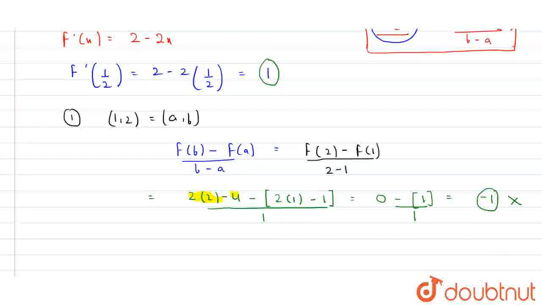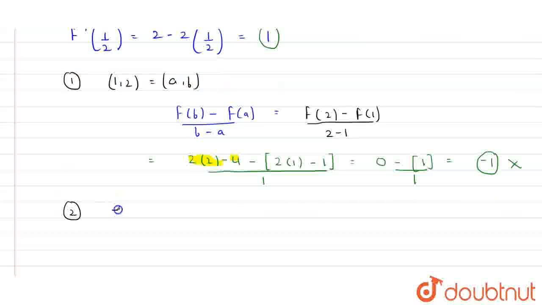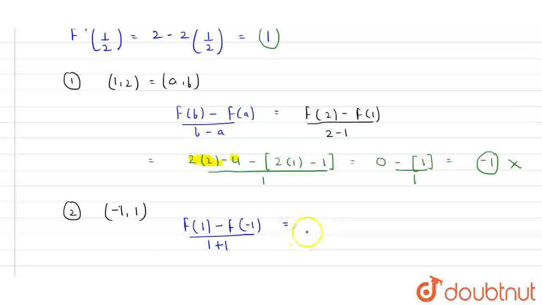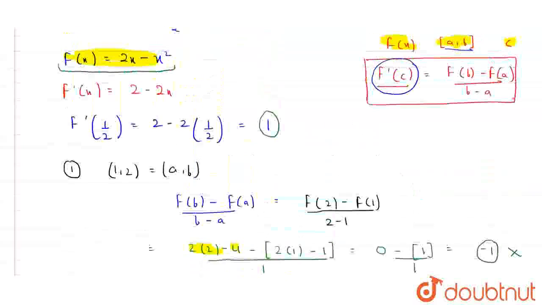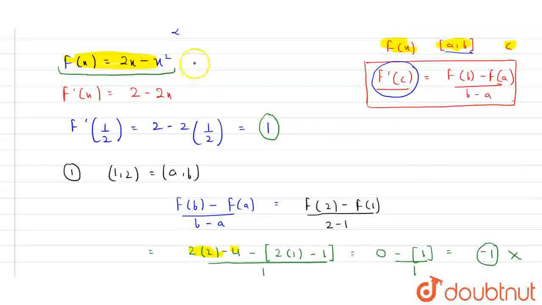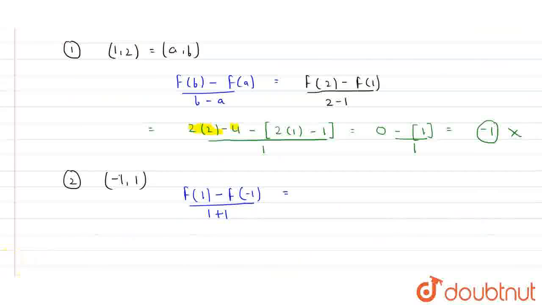Now check for option 2. My option 2 is minus 1 comma 1. So f of b will be f of 1 minus f of minus 1, upon b minus a, which is 1 minus minus 1, that is plus 1, so 2.